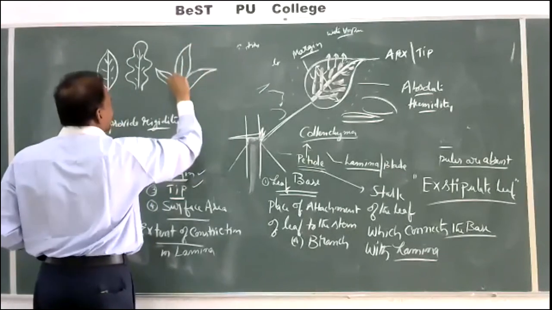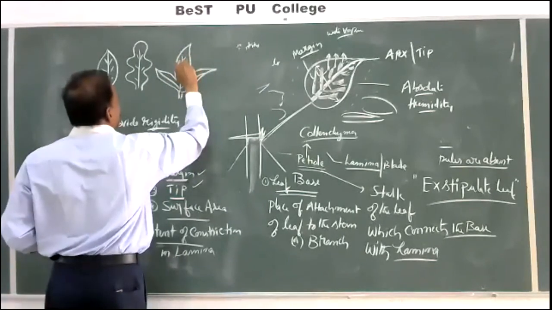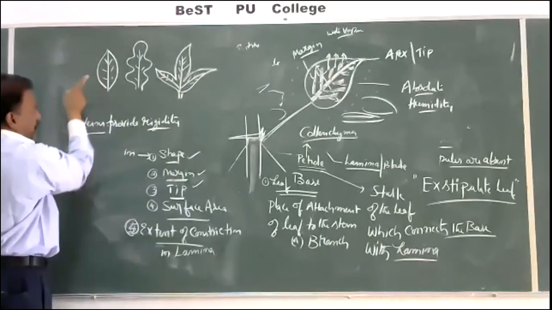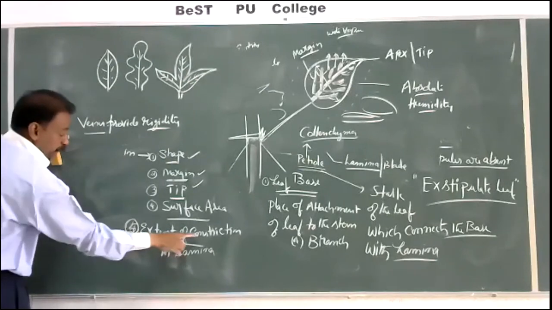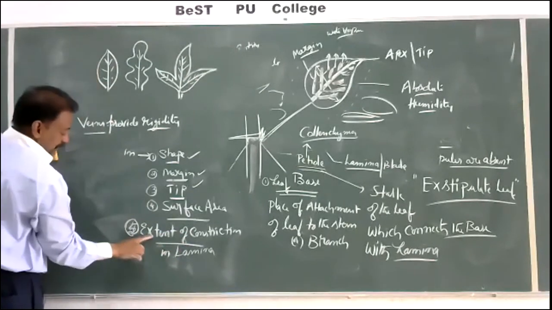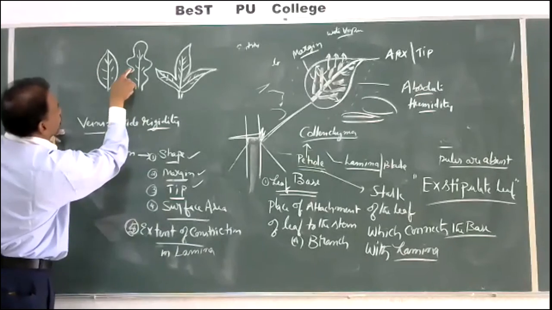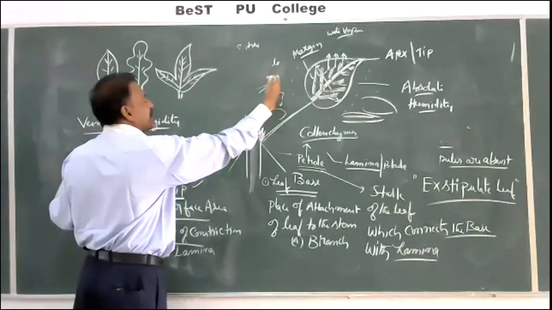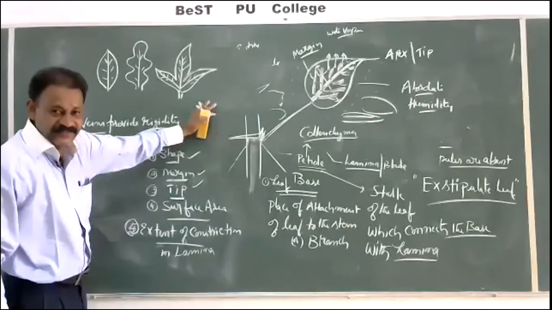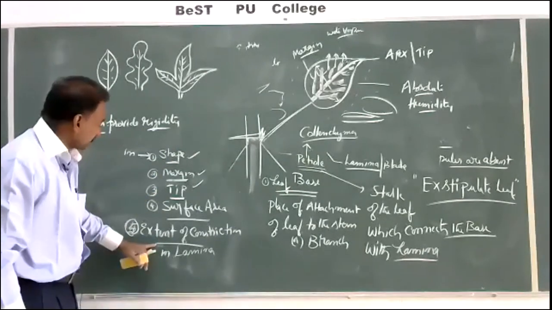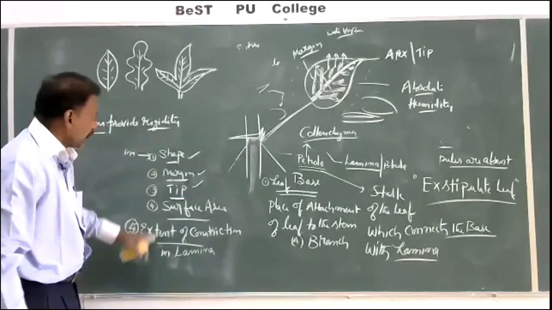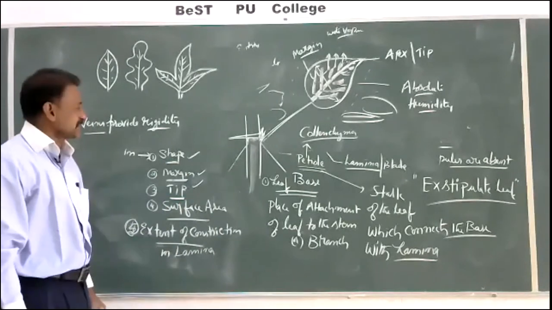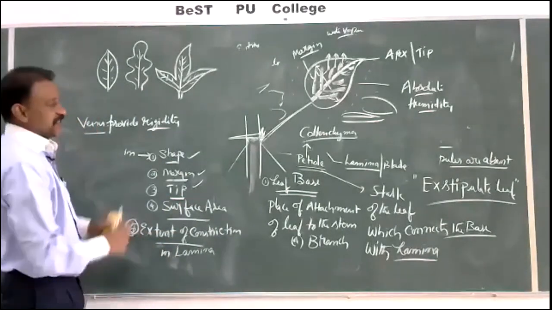This is called constriction. The extent means up to where the folding goes. Here there is no folding. The extent may be up to here, up to the midrib, or not even the midrib. Or compound leaves are there. We are going to study this in the kinds of leaves. These are the last points of the leaf, where you have to identify which one of the following is not correct, or which is correct; they can ask. We will study this again when we study the kinds of leaves.